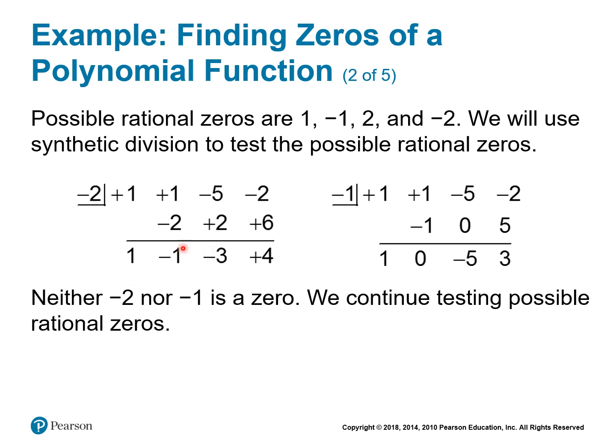But after performing the synthetic division, we realize that since the remainder is not 0, -2 is going to be crossed out. It's not an actual 0. Why? Because the remainder is not equal to 0.